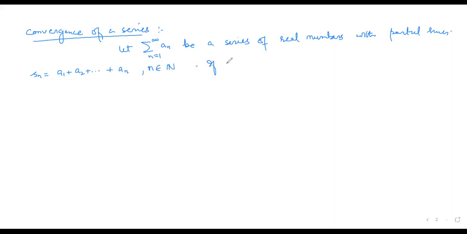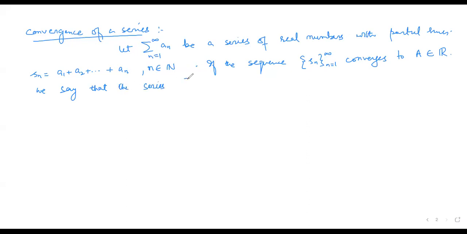If the sequence Sn, n runs from 1 to infinity, converges to some number A belonging to R, we say that the series summation n goes from 1 to infinity a_n converges to A.